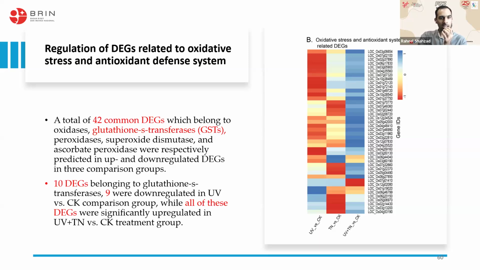Because here we find that, for example, of the 10 DEGs belonging to the glutathione pathway, 9 out of 10 were downregulated in the UV group, while all of them were significantly upregulated in the UV plus TN group. So that is quite confirming our results through the RNA-seq.